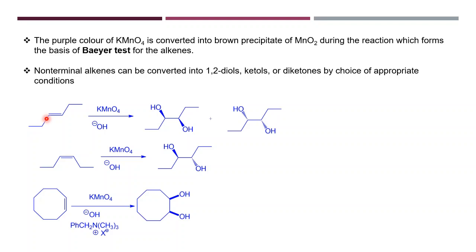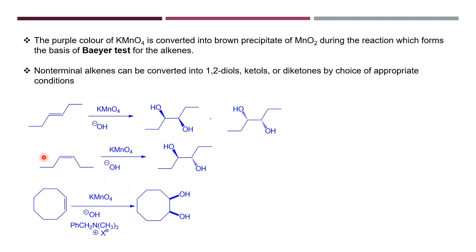If the addition is syn and the stereochemistry of the alkene is E or trans, then obviously it will lead to the formation of a DL pair. So this compound and that compound will have an enantiomeric relationship to each other.